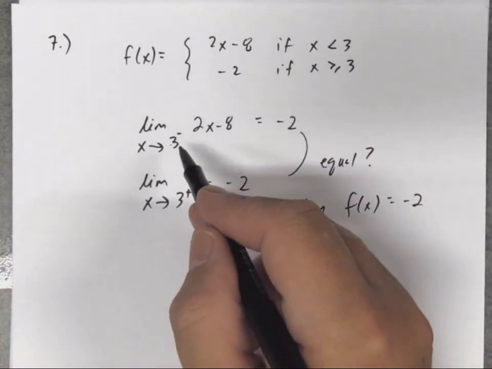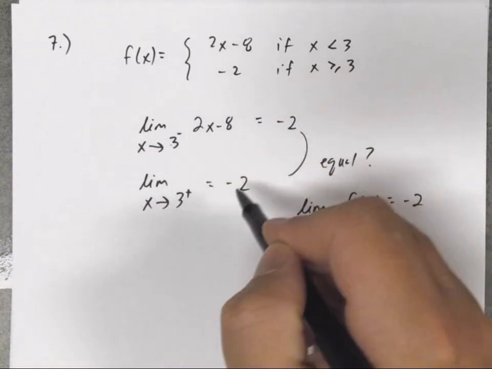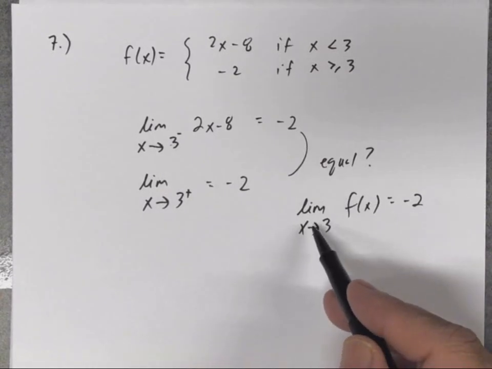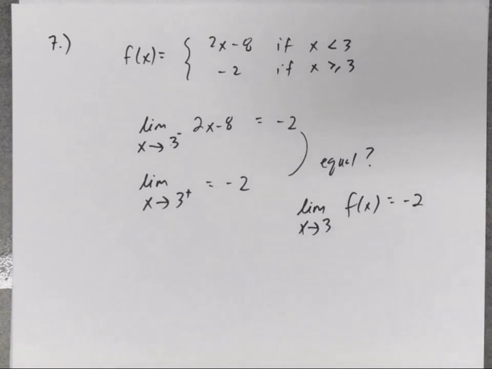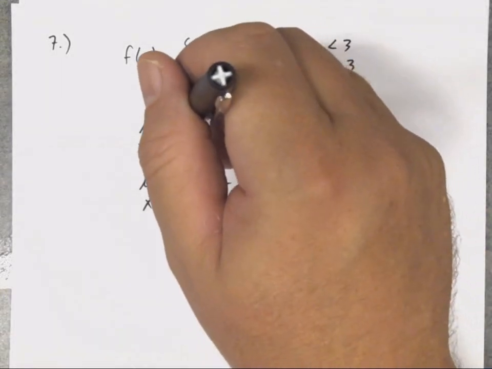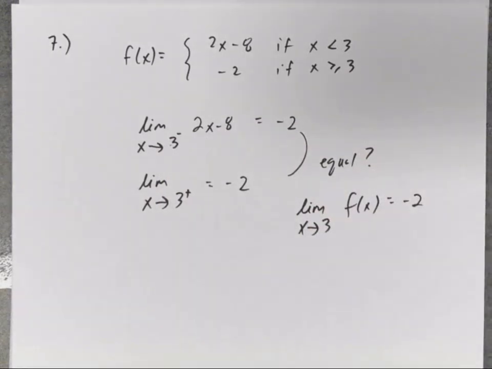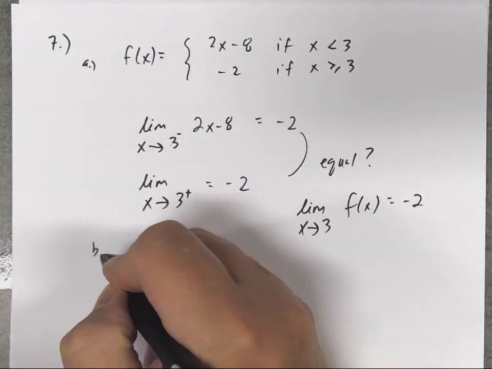If you approach from the low side and from the high side, and you get the same result, then this is like the two-sided limit. To have a true limit, you have to get the same limit whether you approach it from the low side or the high side. And that's what we've proved here. If you approach it from the low side, you get -2. If you approach it from the high side, you get -2. Therefore, the normal limit is -2. So this is A. Let's see what B is.